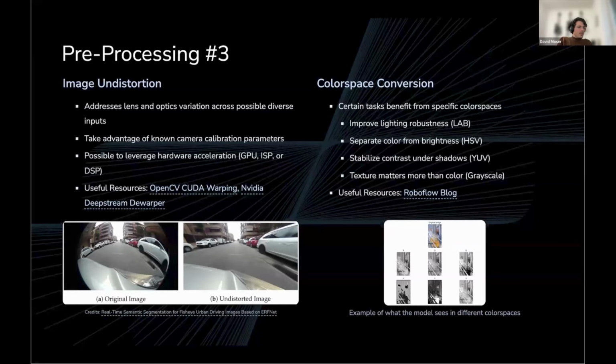Now, a simple example: if you're convinced that most of the information in your data lies within the texture and not so much in the color, then you can convert to grayscale, skip two channels, just have one channel, have a faster model, and reach the same performance.